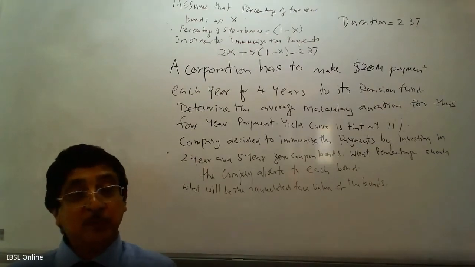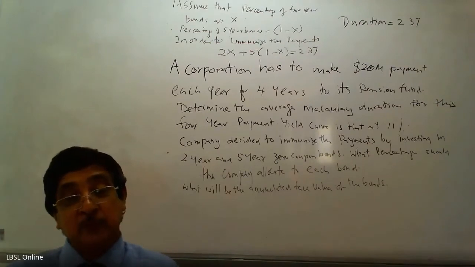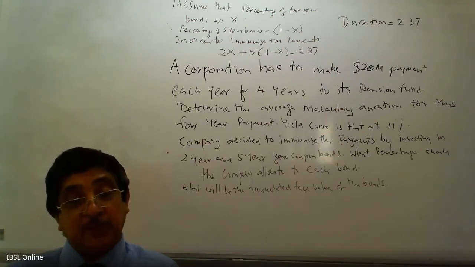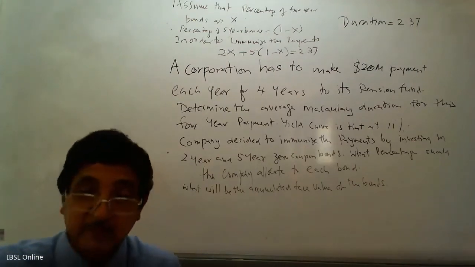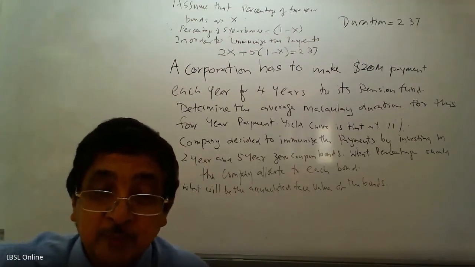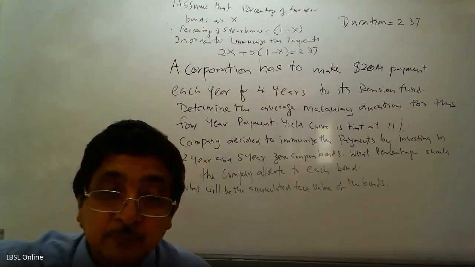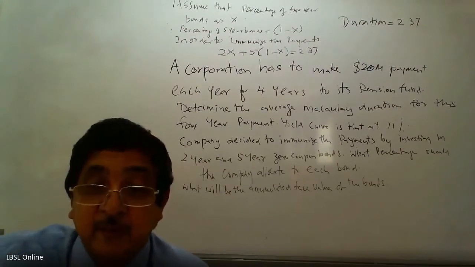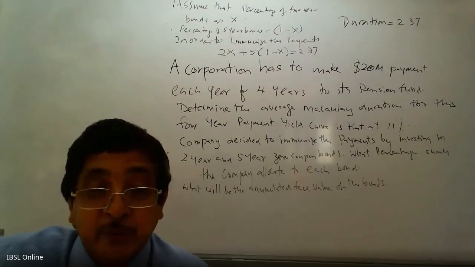The total portfolio's value would be 62.04. Therefore, the market value of 2-year bond would be 0.88 into 62.04. Then the other one, 0.12 into 62.04.